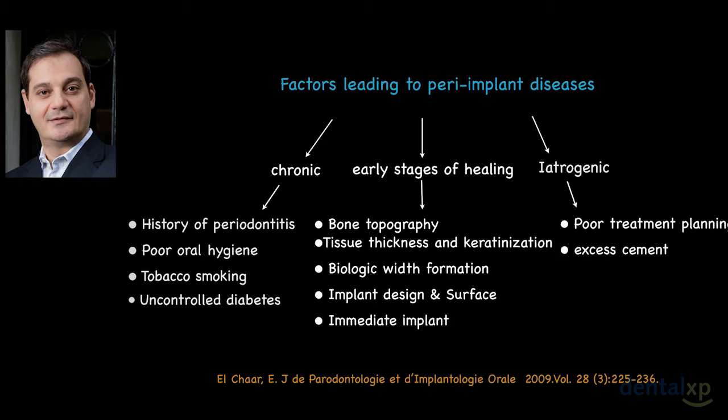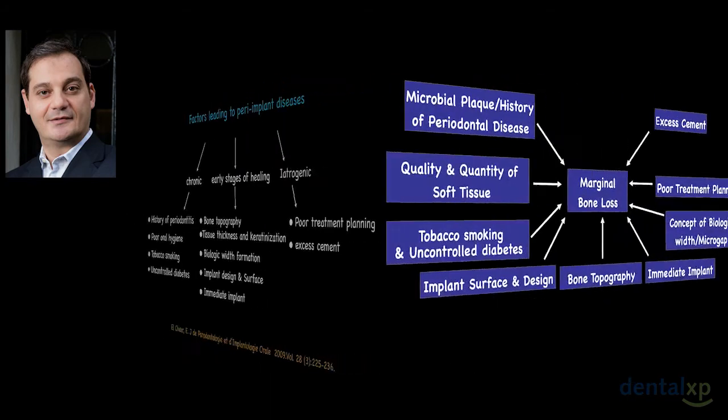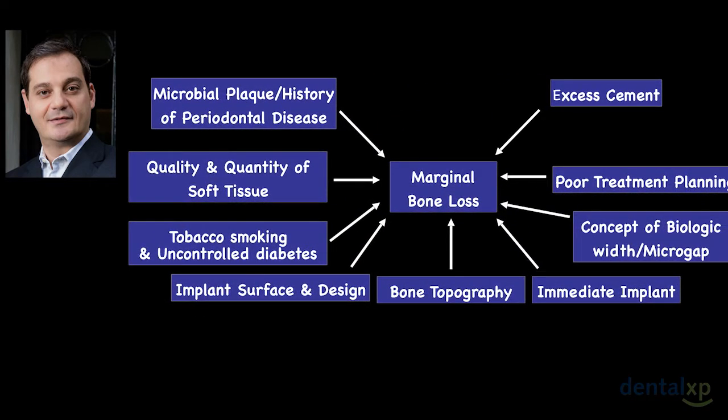And thirdly, the iatrogenic factors are poor treatment planning and the excess of cement. So if we put all of these together, by having a marginal bone loss and exposing the roughened surface to the oral environment, we have higher chances of peri-implantitis.